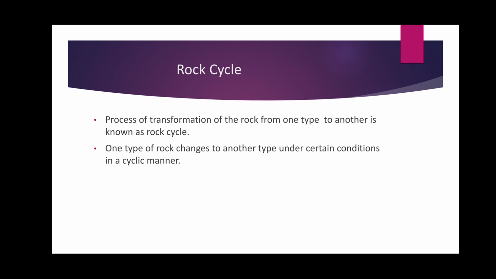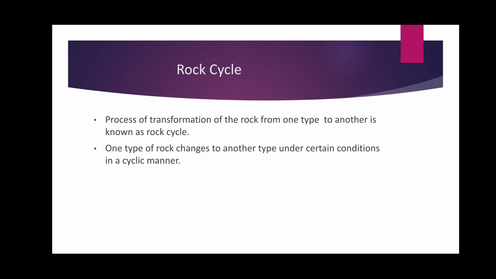Now the process of transformation of the rock from one type to another is known as the rock cycle. Now how does this change take place? One type of rock changes to another type under certain conditions in a cyclic manner. Cyclic manner means this process is continuous.